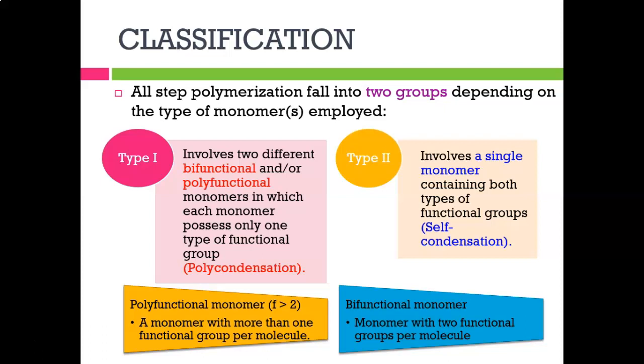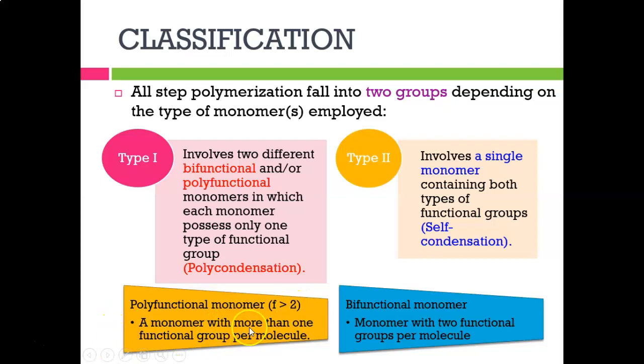For example, in the nylon structure I gave just now, you have NH2 at the end of both monomer structures. If the functionality in one monomer is more than two, we consider it polyfunctional. The NH2 case we consider bifunctional.